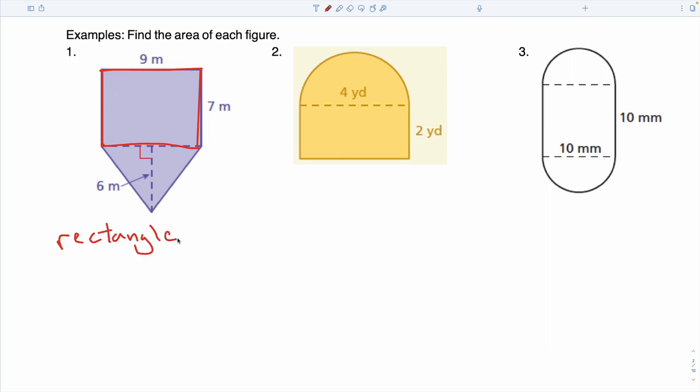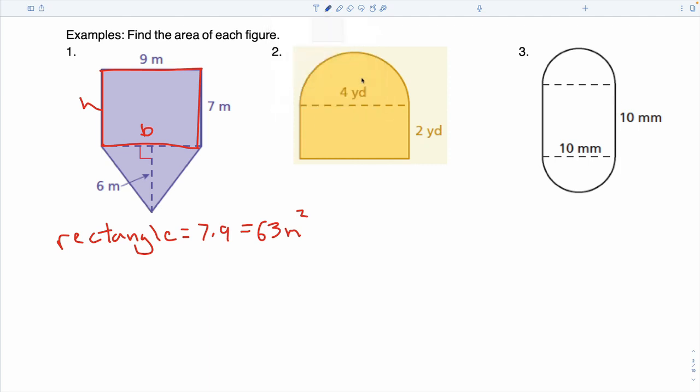How do I find the area of a rectangle again, TJ? Okay. And I have the height as 7 and the base as 9. That could work. So 7 times 9 is 63. Meters squared. Cool. I just found that shape.